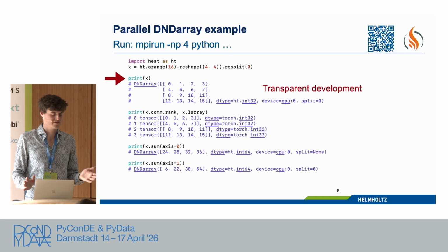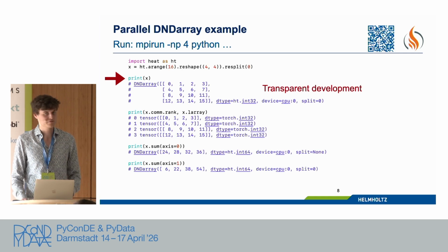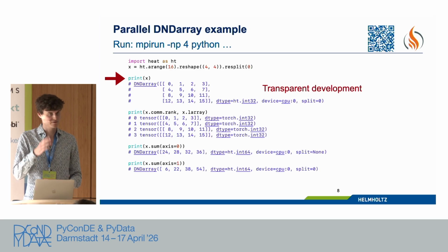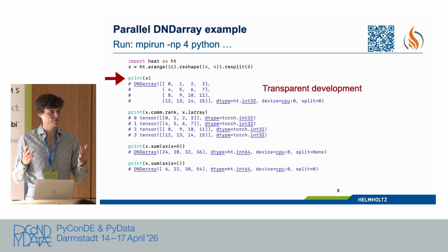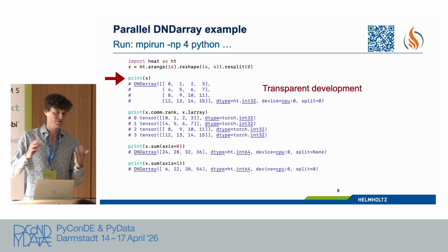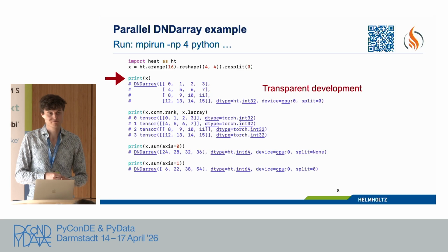Now we can print what we got. And you'll notice it looks quite pretty, right? So it's a single output on the first rank. There's no matching the output to MPI rank and print statement because the order is unexpected. So this should also make it easy to develop the code for people who are maybe not experts in parallelization.